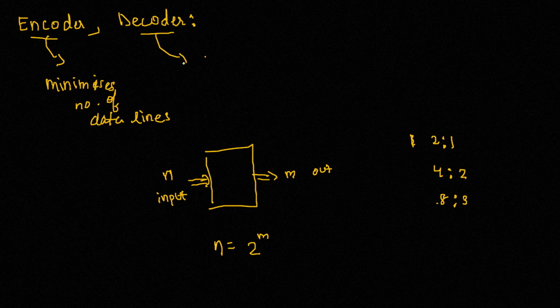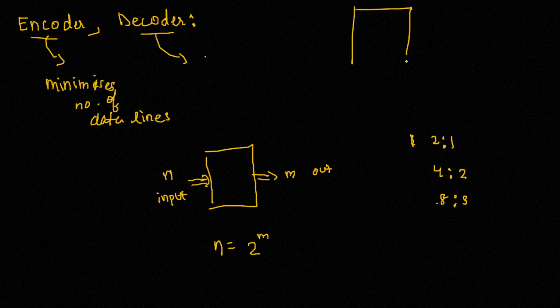What a decoder does is, after the encoder minimizes the number of data lines and the data is transmitted, the decoder again distributes the data and finds out all the possible outputs that were there.